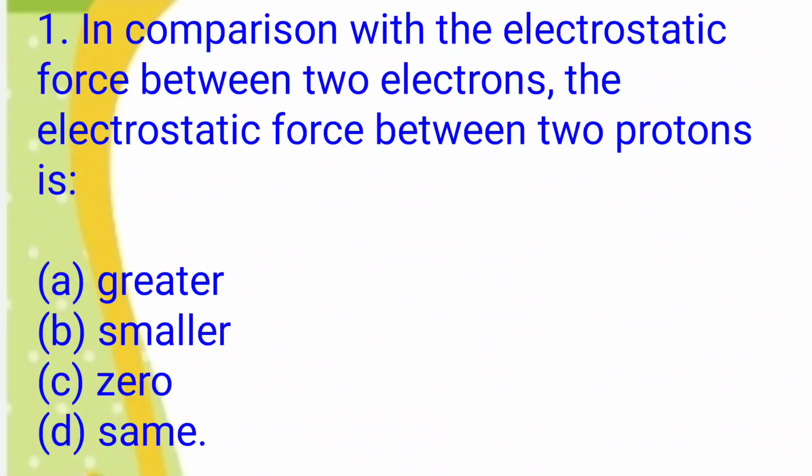Now students, the first question: in comparison with the electrostatic force between two electrons, the electrostatic force between two protons is the same.